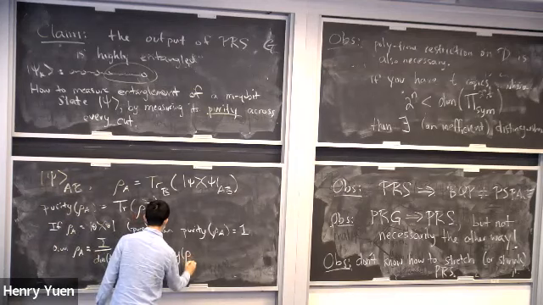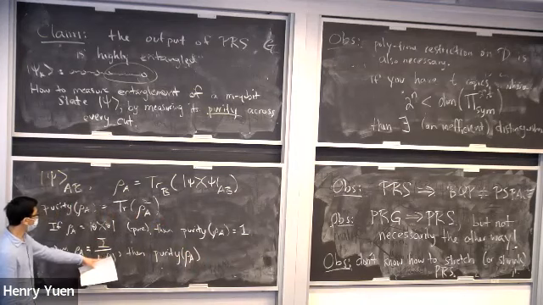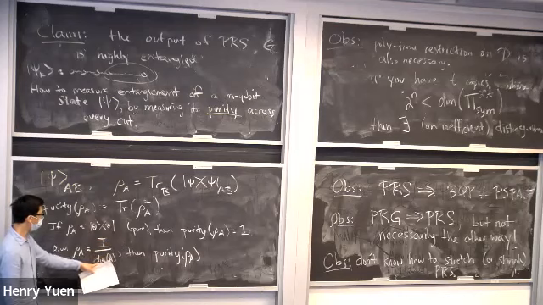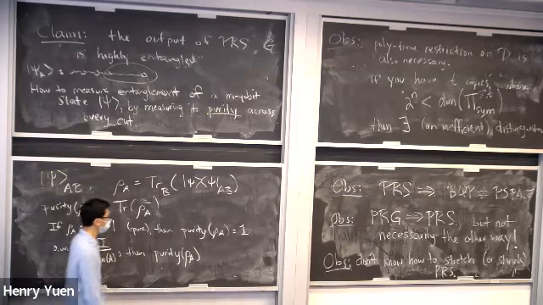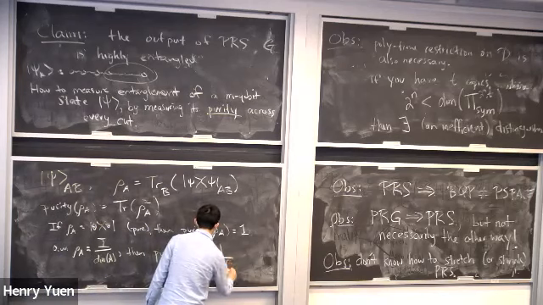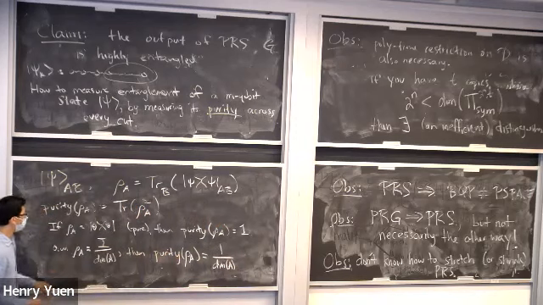And the purity of this density matrix, well, you do the math, you square this, this is going to be identity squared divided by dimension squared. You take the trace of that, you get 1 over the dimension of A, which is a very small amount.